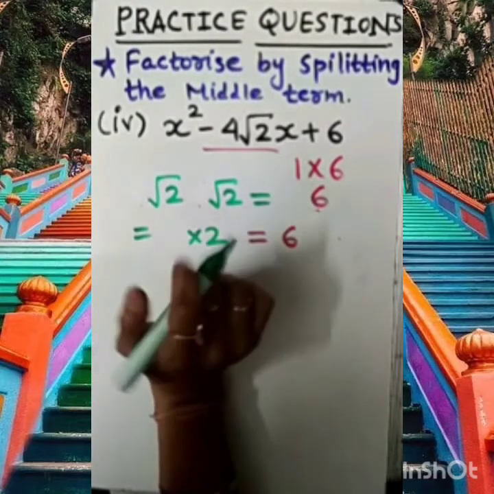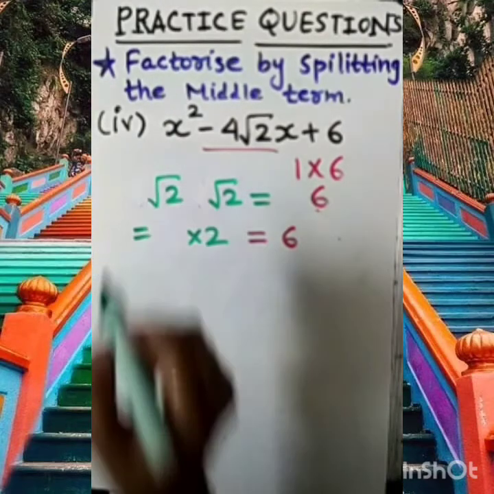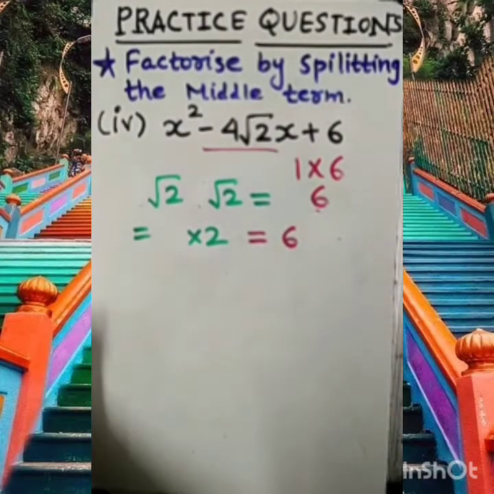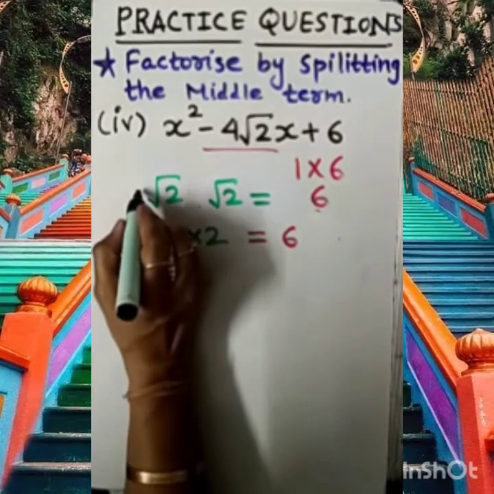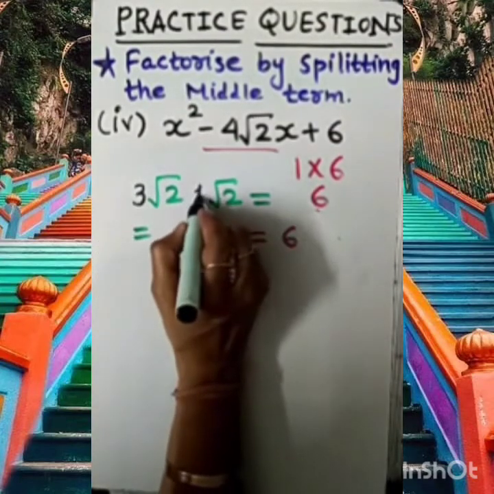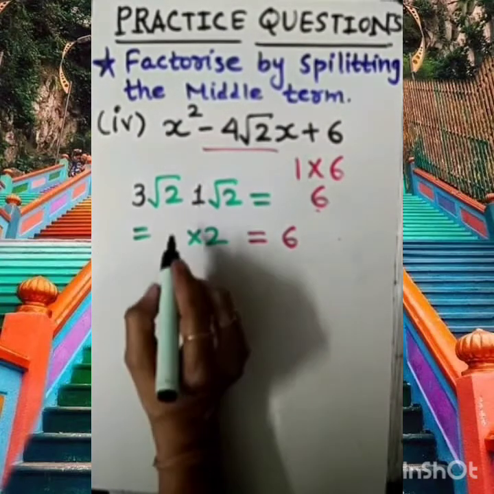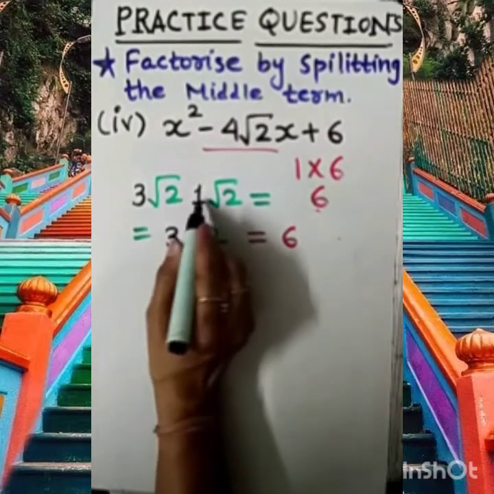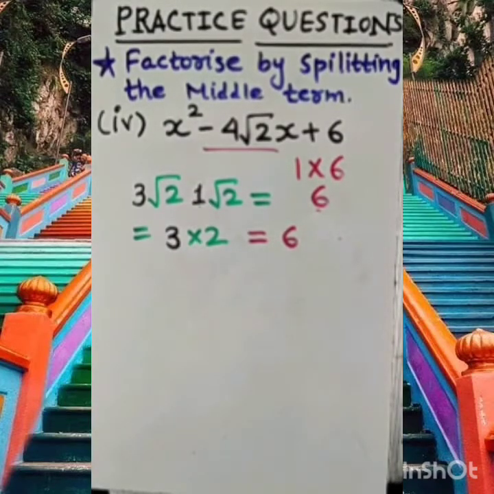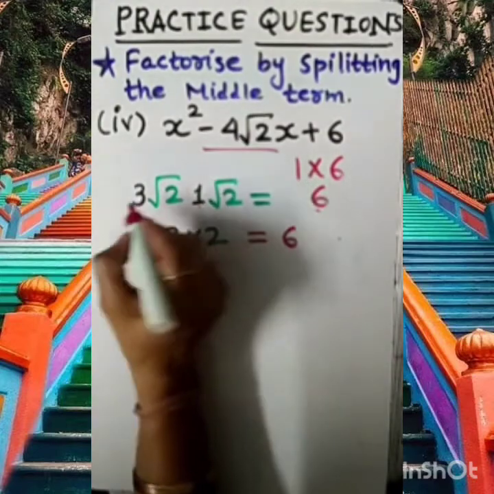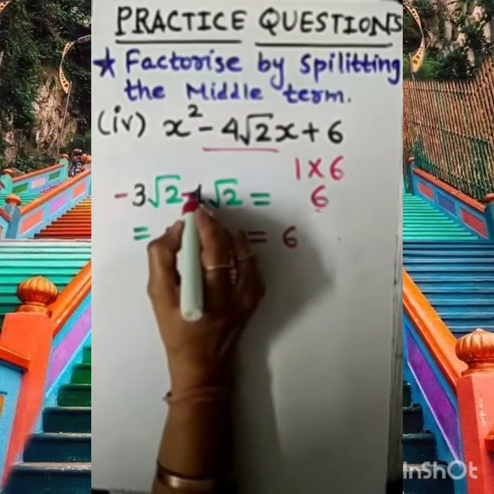It will become minus 3 here, and this will be minus 1, because 4 we want now. So here it will be 3 into 1 is 3. And so we decide the signs now. Here as we know this is minus and this will be minus.